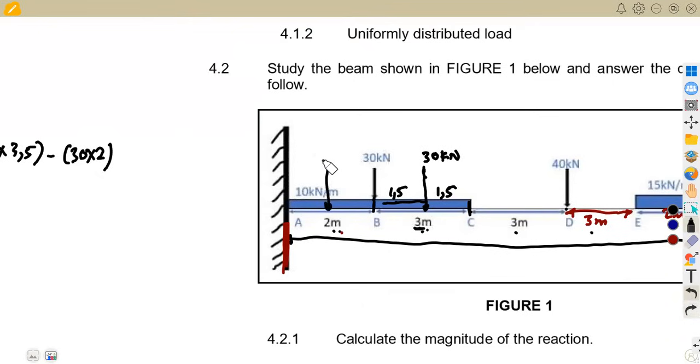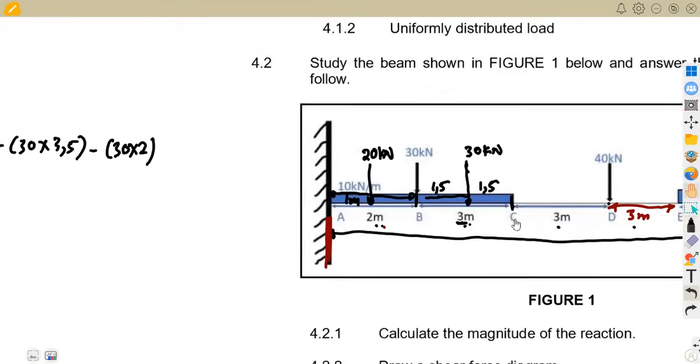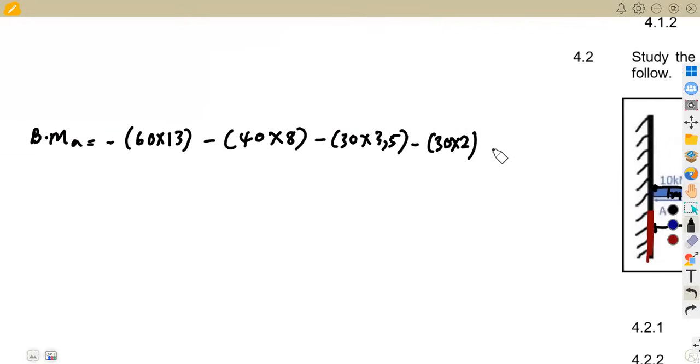So we are going to consider this as 20 kilonewton taken over 1 meter from A, because here we've got 2 meters, so 2 divided by 2 is 1. So you're going to have 1 meter back to A. So that's 20 times 1 in this case. All right, so this is going to be negative 20 times 1.